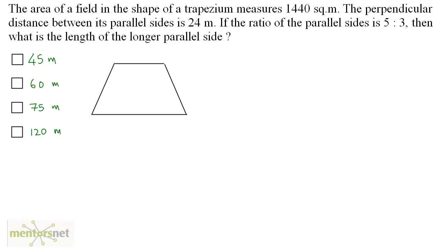The area of a field in the shape of a trapezium measures 1440 square meters. The perpendicular distance between its parallel sides is 24 meters. If the ratio of the parallel sides is 5:3, then what is the length of the longer parallel side?